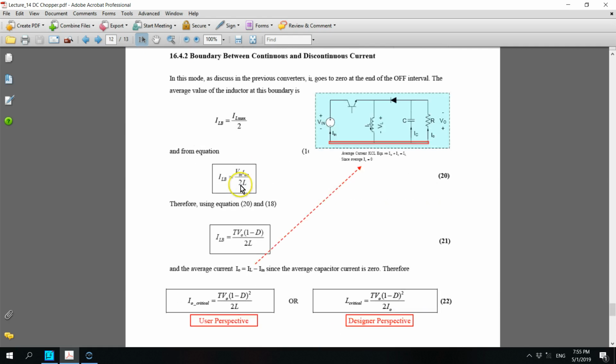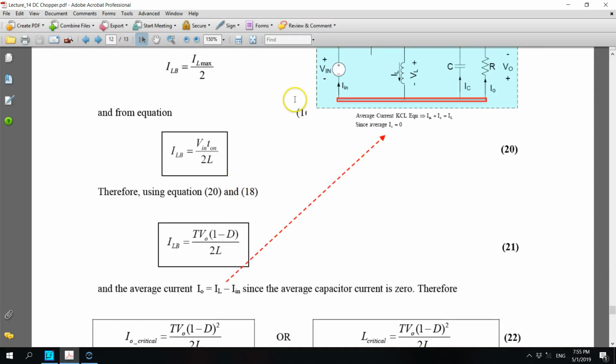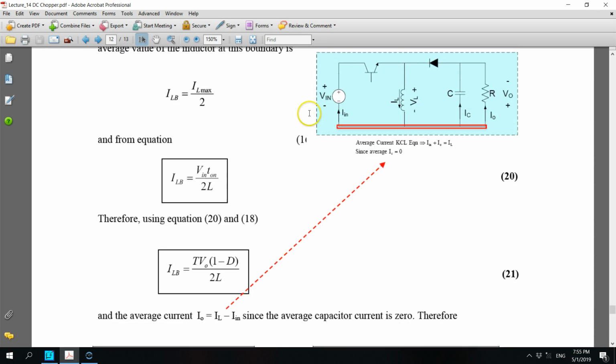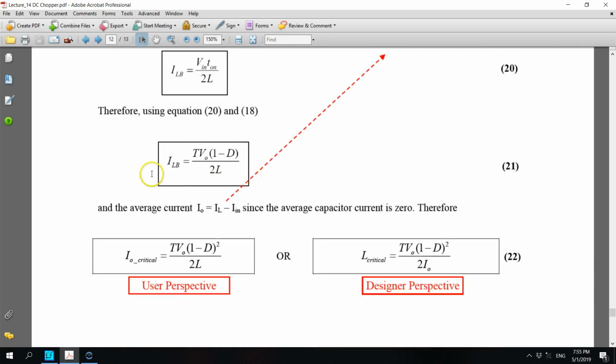Therefore, you can find that the average current equation, not the instantaneous current equation, is Iin plus Io equals IL. So you use that equation, and this is the average, Io equals IL minus Iin, since the average capacitor current is 0. Therefore, Io critical equals T V0 (1 minus D) squared divided by 2L.